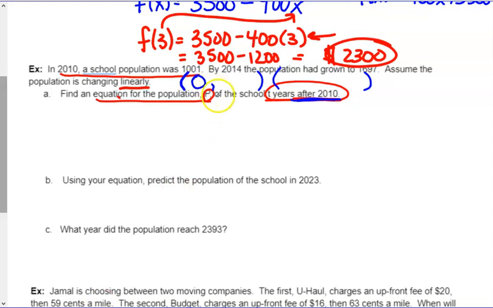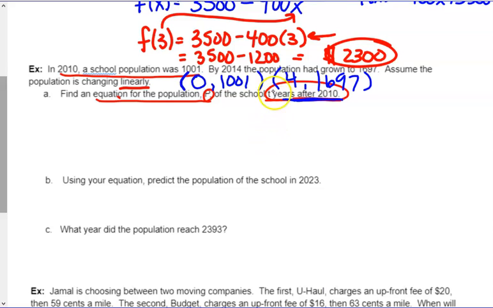So I can do year 0, our population was 1,001. And we're just in the back of our mind knowing that year 0 is 2010. Now for 2014, how many years after 2010 was that? Well, that was 4, and its population was 1,697. Now notice I have the time increment on the x value and the population on the y value. Most often when you're dealing with time, that time will be your input or your x.